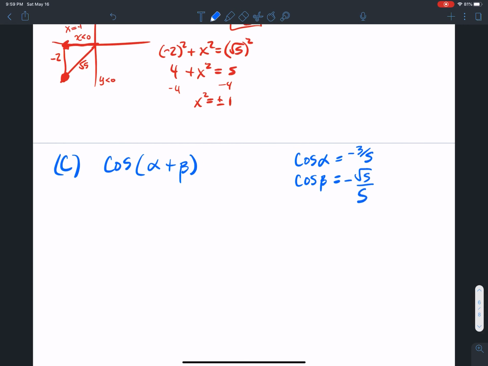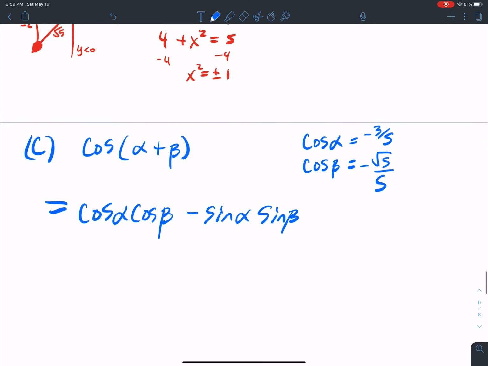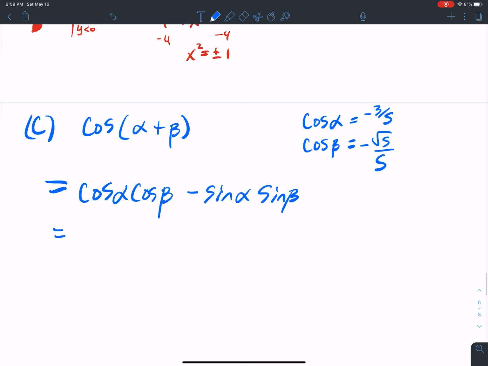So using the sum identity for cosine, this becomes cosine alpha cosine beta minus sine alpha sine beta. Cosine alpha is negative 3/5, cosine beta is negative square root 5 over 5.